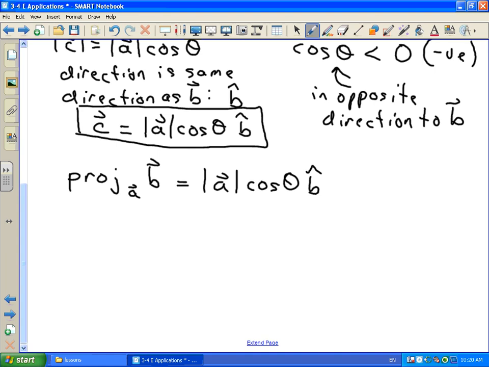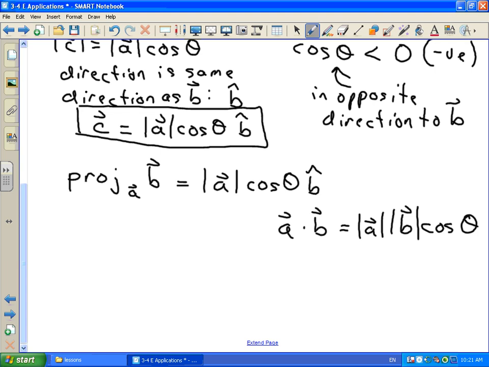Okay, what if we don't know what this angle is between our two vectors? Instead, we have two algebraic vectors, given just by ordered pairs. What we know is that we can use the dot product, which is equal to the magnitude of A times the magnitude of B times cos theta. So we have this relationship right here. We can use this relationship, A dot B equals magnitude A, magnitude B, cos theta, to replace some of the stuff that we have in here. So we've got A cos theta in here.